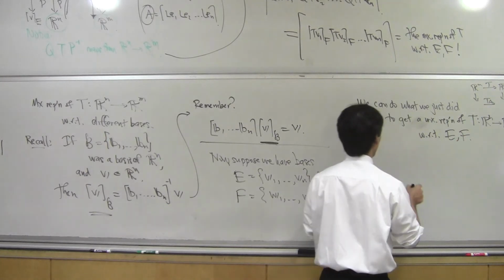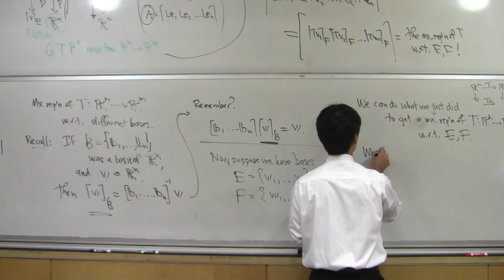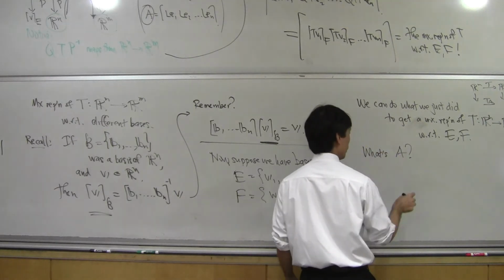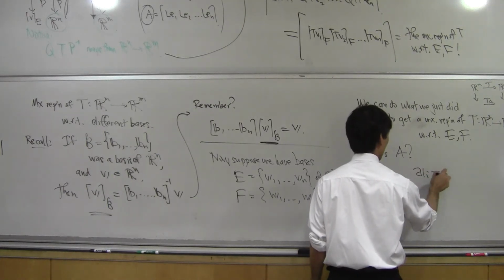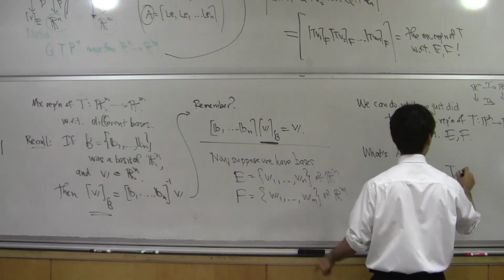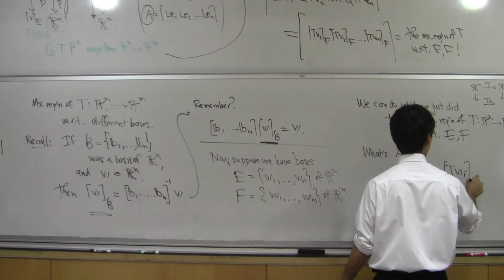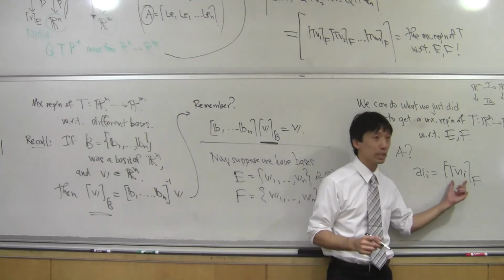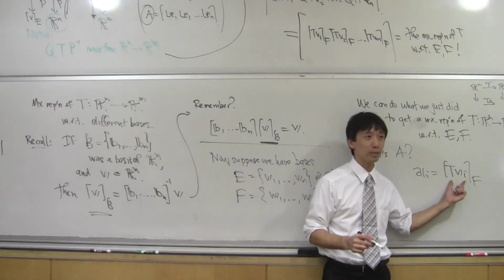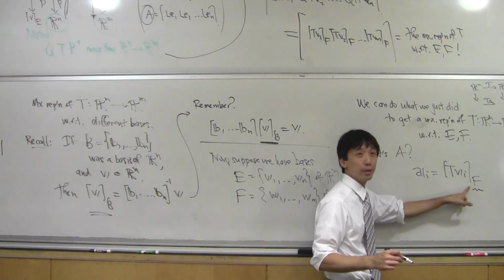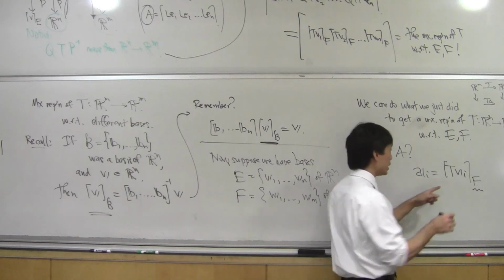What's A? Well, remember, Ai is going to be the coordinate vector of T(vi) with respect to the F basis. But this is easy now. Calculating the coordinate vector is easy for the Euclidean spaces, right?